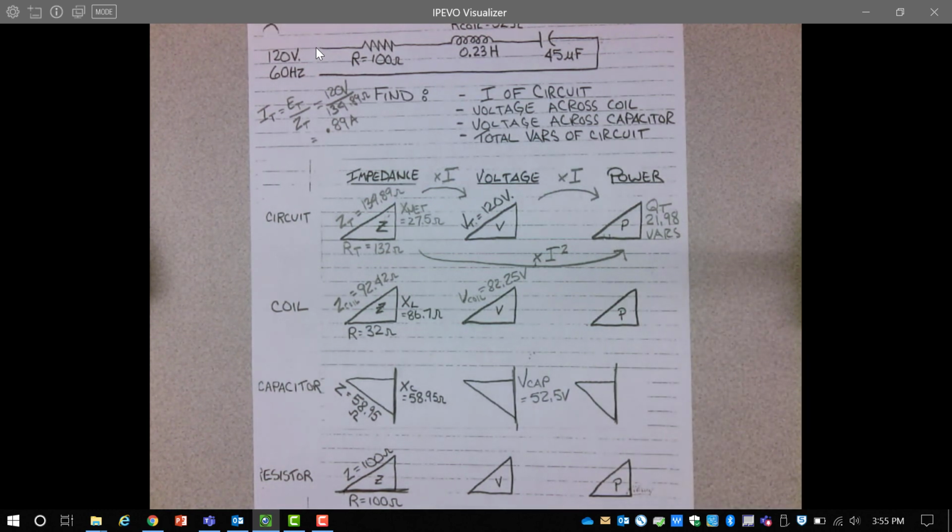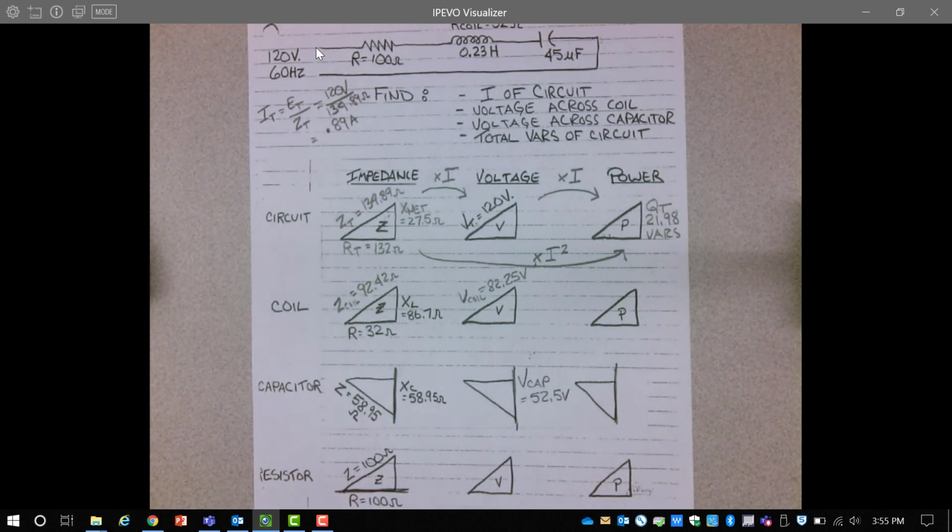Okay, that is all the values that we were looking for in this circuit. Hopefully, using the triangles this way helps you to find the values you're looking for a little bit easier, a little bit different way than what the module shows.